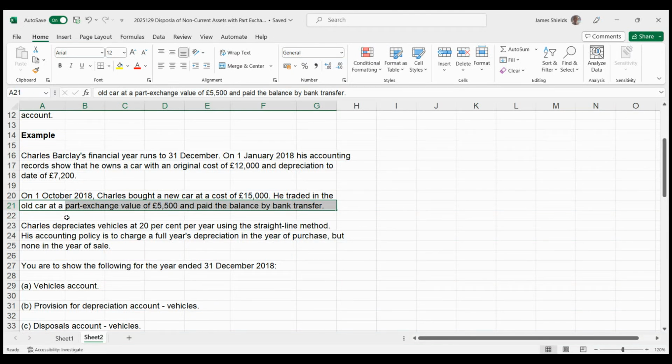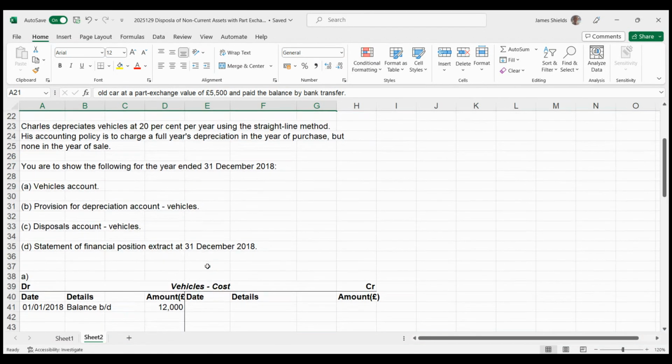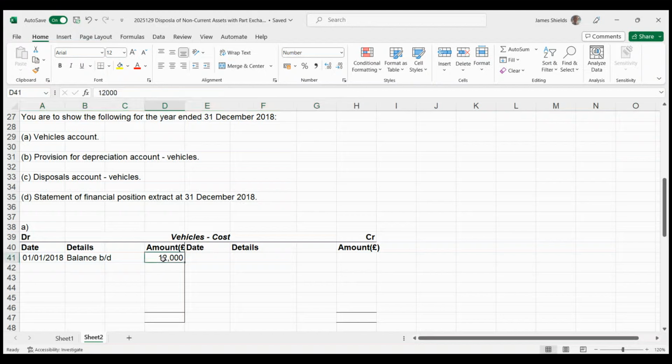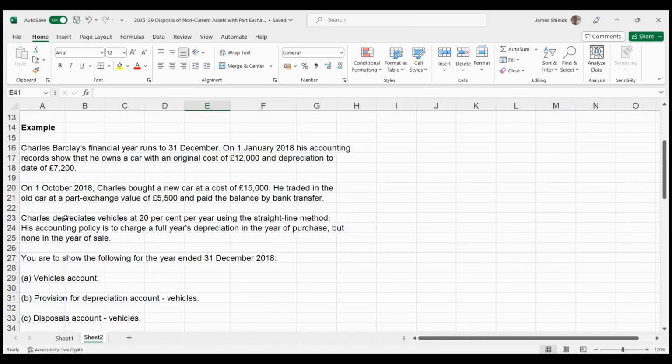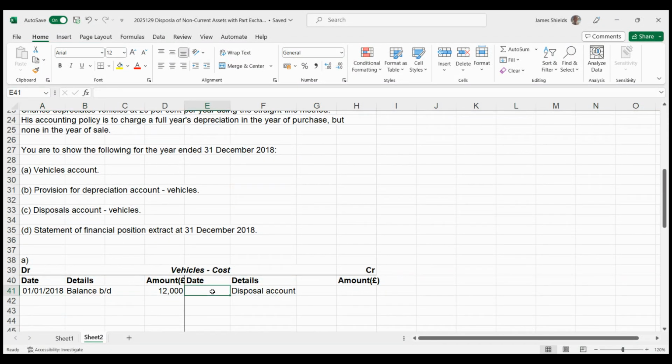So he traded in the old car. So I go back to my cost account. That means this car he no longer has anymore. So it's going to be transferred to the disposal account because it's no longer owned. And the date this happened, I've just checked with the question, was the 1st of October 2018. So that car now has gone to our disposal account. It's not owned anymore, so £12,000 can be transferred to our disposal account.